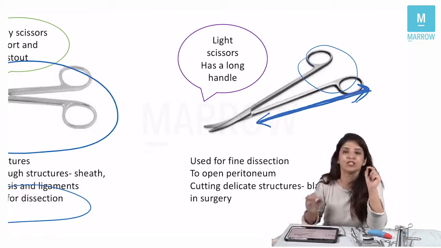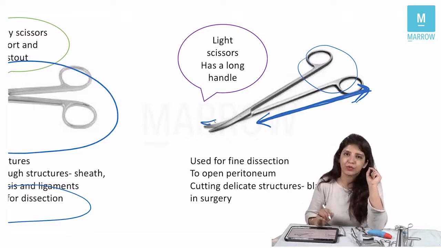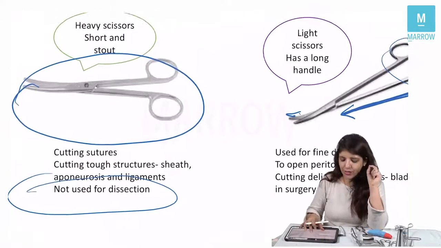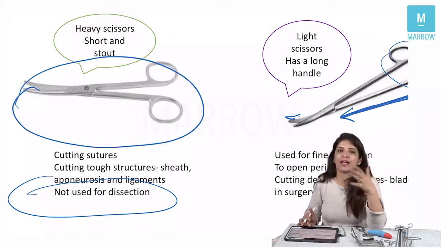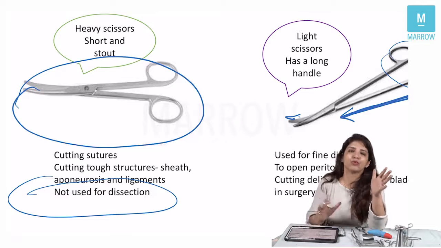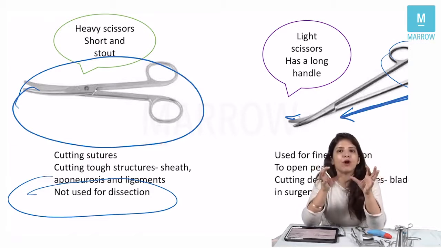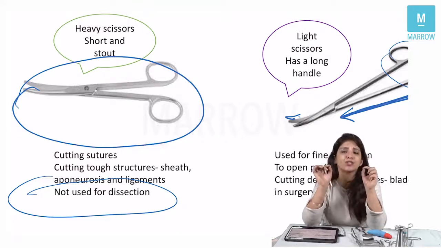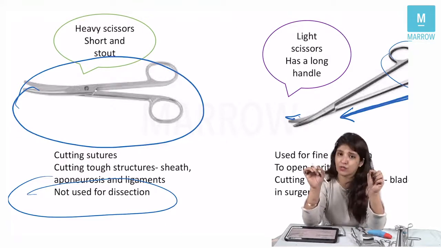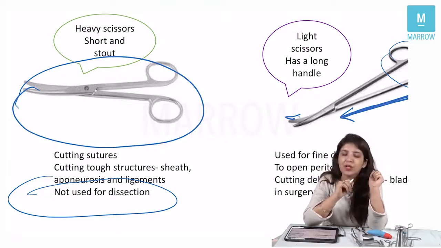That is how you identify a Metzenbaum scissor, and its tips will be pointed, right? A Mayo scissor can be a straight scissor also, it can be a curved scissor also. But a Metzenbaum scissor and a Mayo scissor, basically you can identify on the basis of the length of the scissors and the heaviness of the scissors. Metzenbaum scissor is a very light and a long scissor, whereas Mayo scissor is a heavy and a stout scissor.